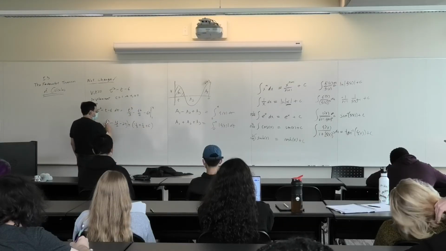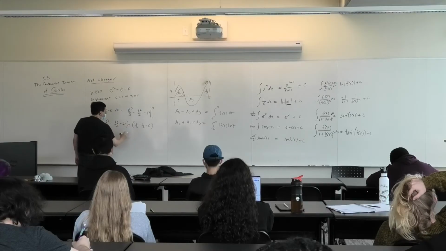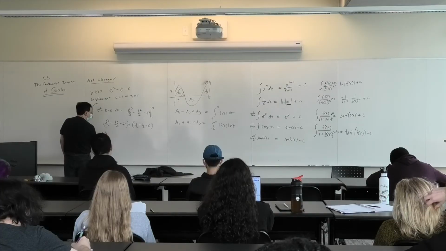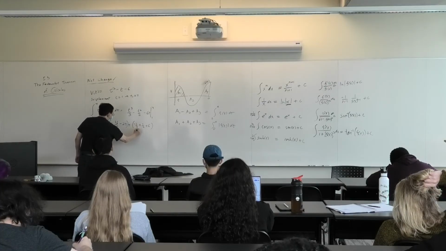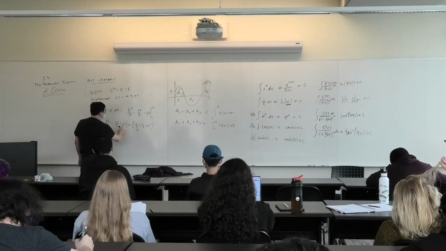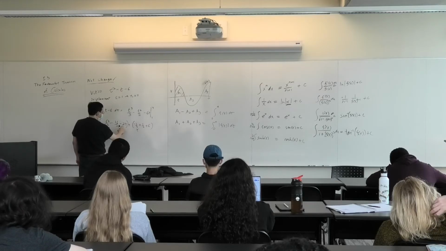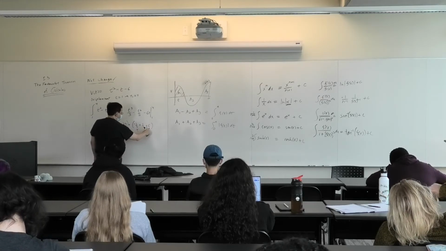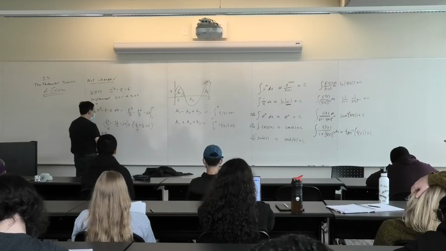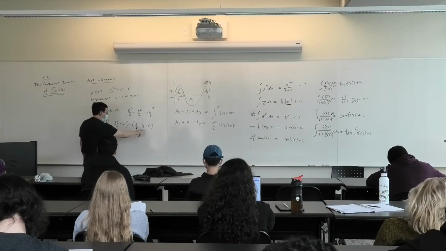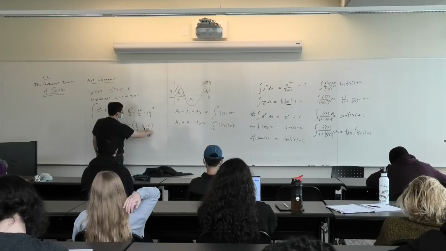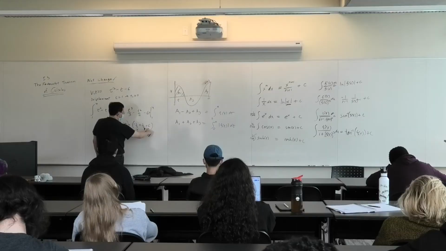Okay, so 64 thirds and 1/3 is 65 thirds. That's 21 1/3. This is minus 8, minus 24, it's minus 32, plus 6 is, I have to do that again, minus 26.